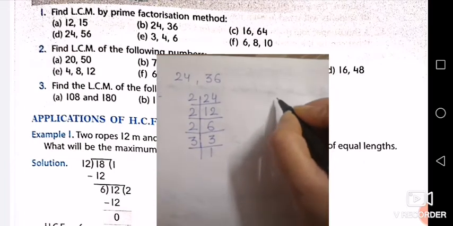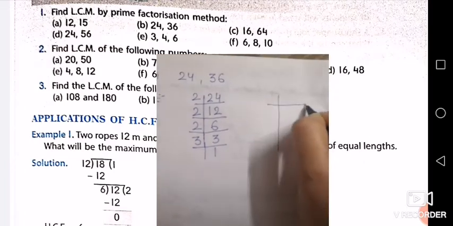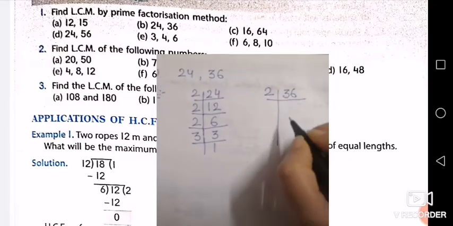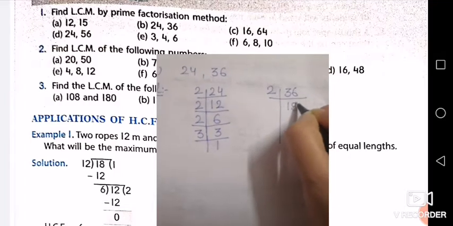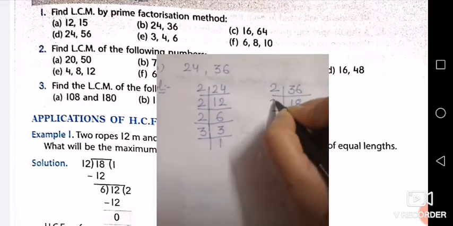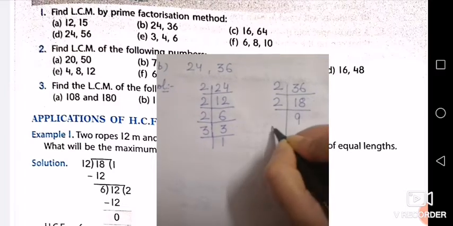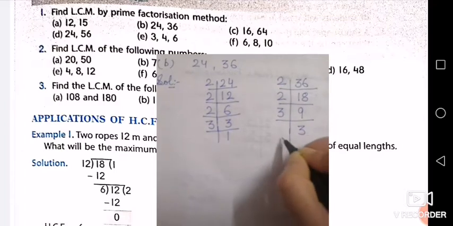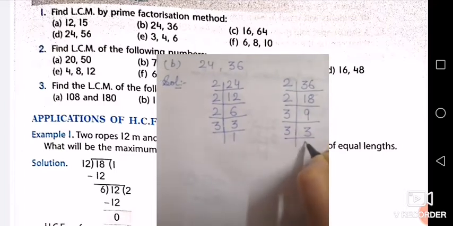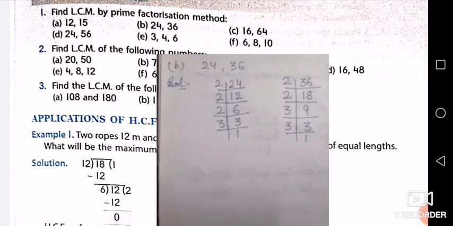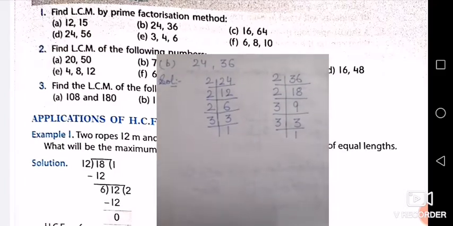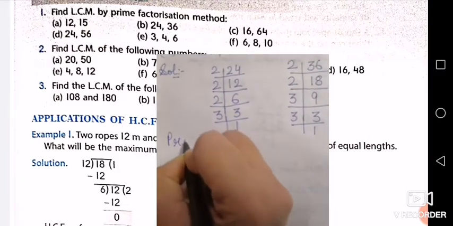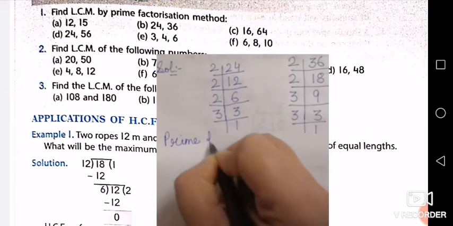Now come to the second number, which is 36. Start with the smallest prime number, that is 2. 2 ones are 2, then 2 nines are 18. Then 3 threes are 9, and then 3 ones are 3. Now what is the next step? Yes, the next step is writing the prime factorization of the given number.